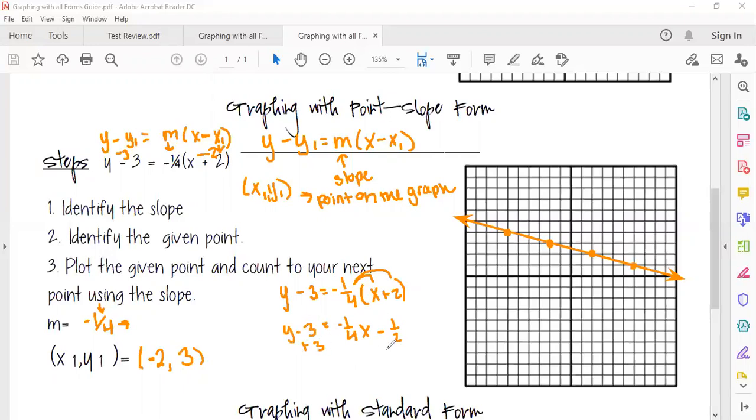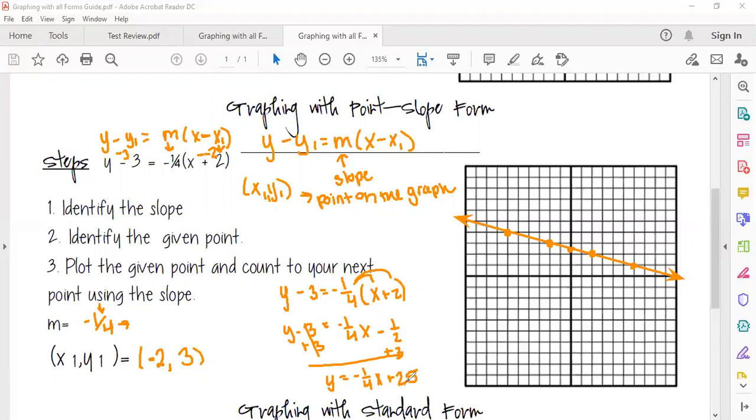I can add 3 to each side, and I get y equals negative 1/4 x plus 2.5. So I'd start at 2.5. Look, that's right where I cross the y-axis, and I can count from there with my slope. The only thing is that counting from there, I'm having to count fractional values, and that's a lot.